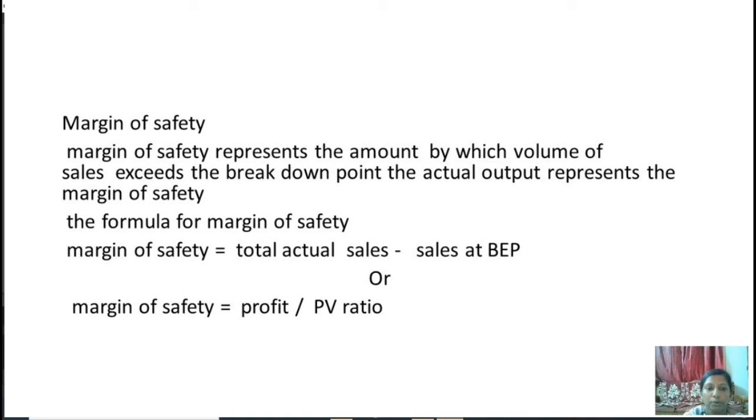The formula for margin of safety equals total actual sales minus sales at BEP. Or the other one, margin of safety equals profit divided by PV ratio.